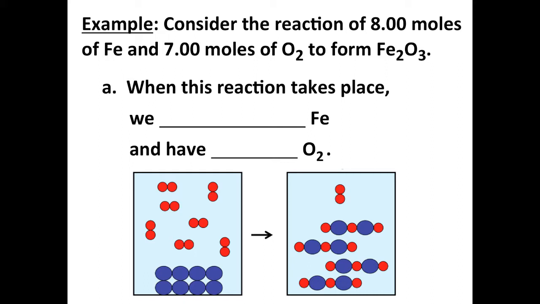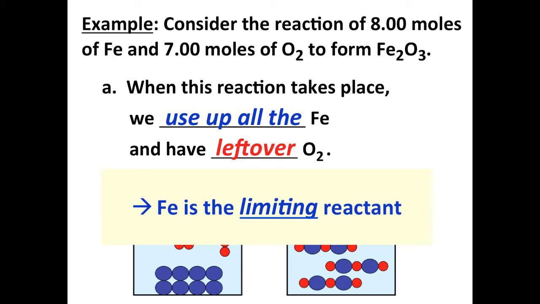So note that when this reaction takes place, all of the iron gets used up, and there's some leftover O2. This is the kind of thing that can happen sometimes. What we would say is the iron is the limiting reactant. We ran out of it. It limits how much product can be formed.